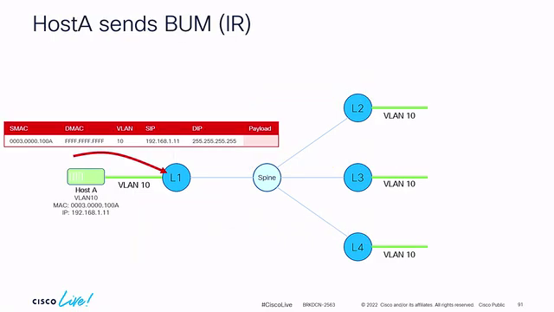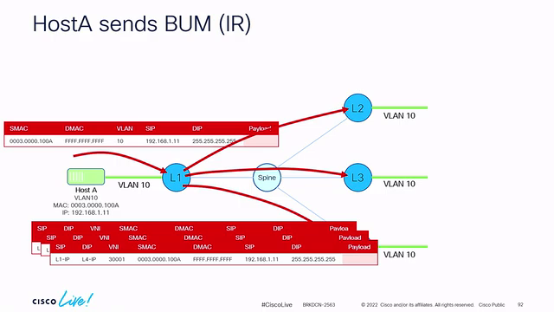To emphasize my point, host A sends a BUM packet, whatever it is, could be ARP, doesn't need to be. L1 has the flood list and will replicate to leaf 2, leaf 3, leaf 4, so it will send the same BUM packet three times, encapsulated in VXLAN. You see here, I don't know if this is a layer 2 broadcast or a layer 3 broadcast.